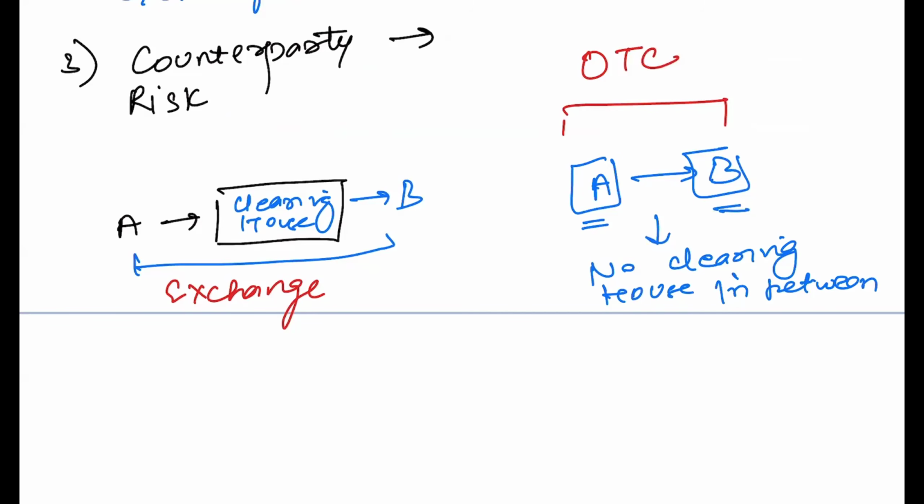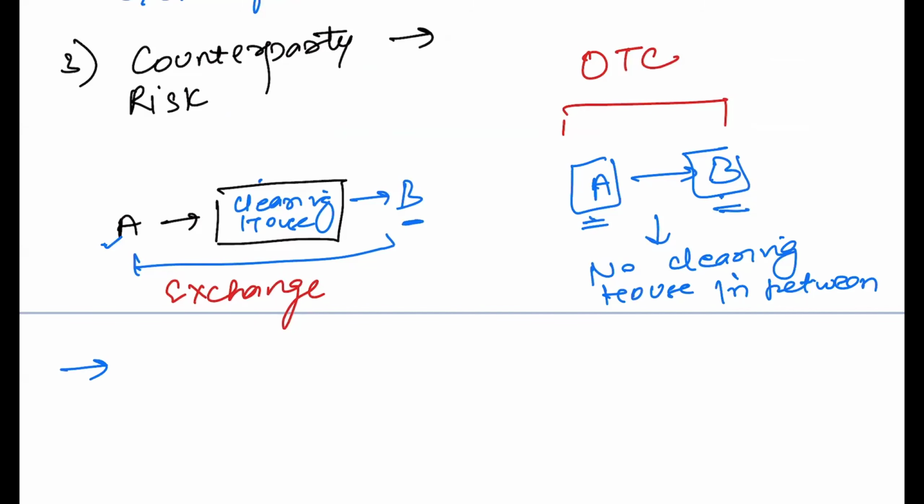Okay, so because there is no clearing house, that's why the counterparty risk is there. If party B does not honor the agreement, in an exchange the clearinghouse will make sure that whatever A has to get, party A will get the same. But it is not the same with over the counter.